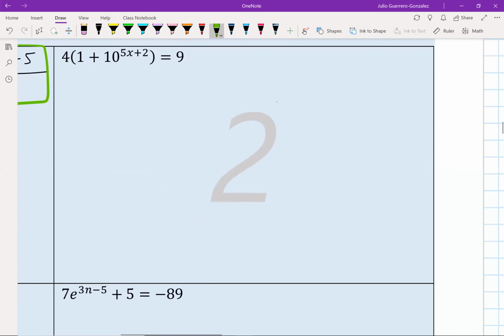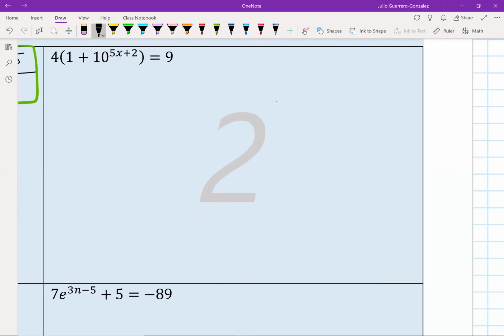Okay. Group 2. Log of 4, or log of 9 over 4 minus 1, and then minus 2. Oh, the little parentheses with the log.